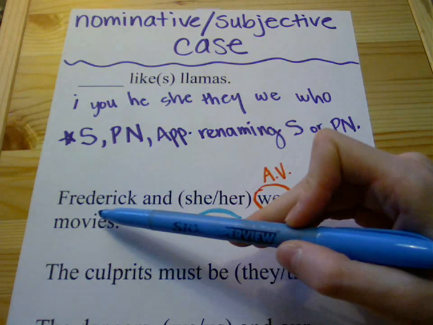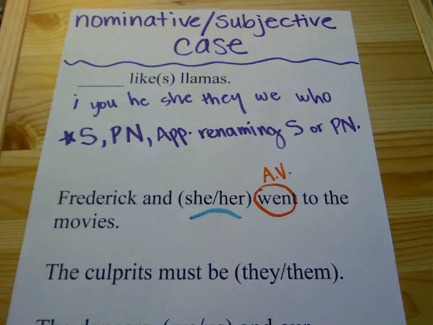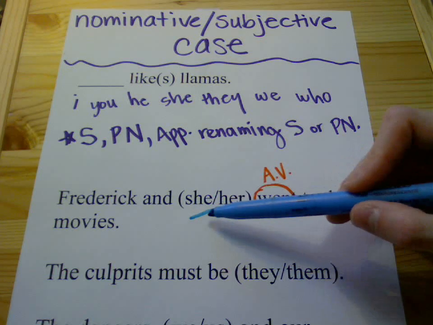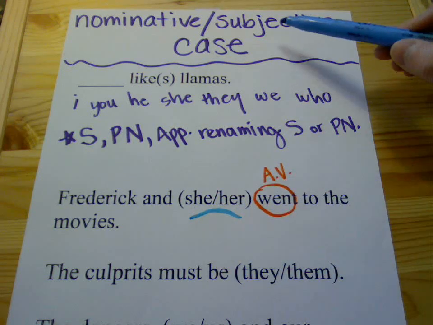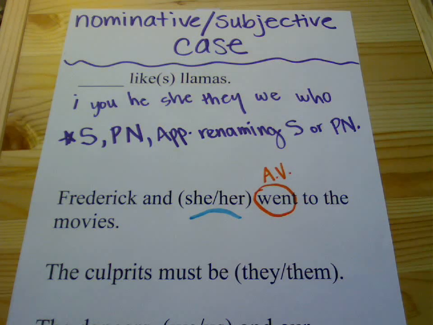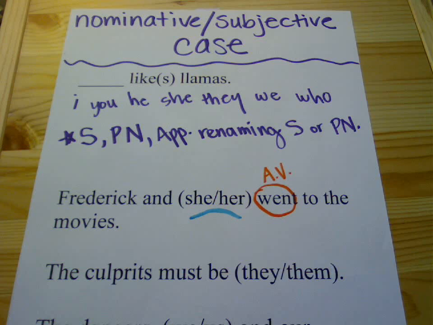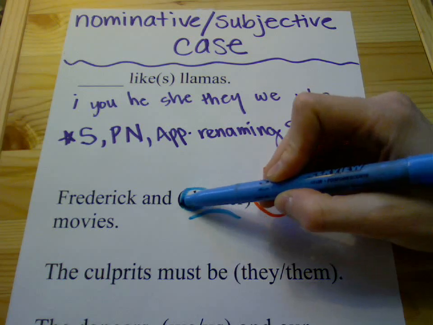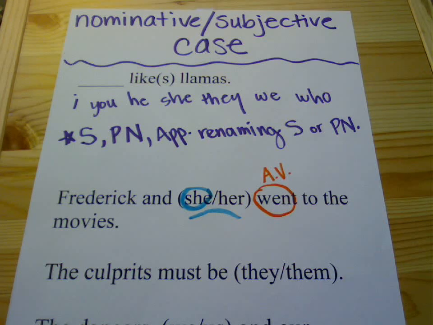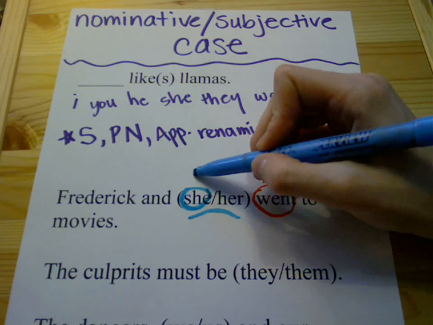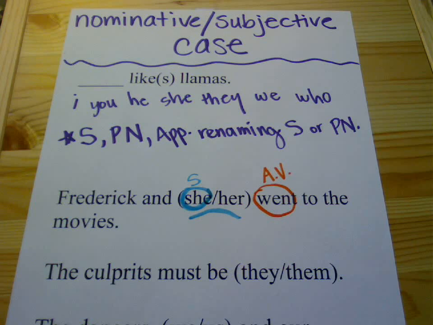Well, this very much is the subject of the sentence. So if we have a subject, we know that this pronoun is going to be in subjective or nominative case. So now which one of these is nominative? Would we say she likes llamas or her likes llamas? Well, most of us would say she likes llamas. So that would be the answer for that sentence, because we have a subject. All right, let's jump to the next one.